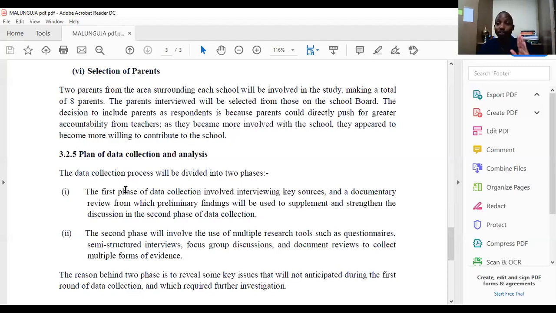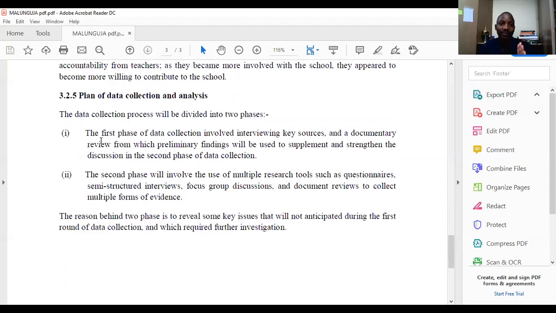From here, you can pause the video and read how he will do the first phase, how he will do the second phase, and the reason for making phases in the process of data collection. The choice of these phases was simply to anticipate some of the information that was not acquired during the first phase.